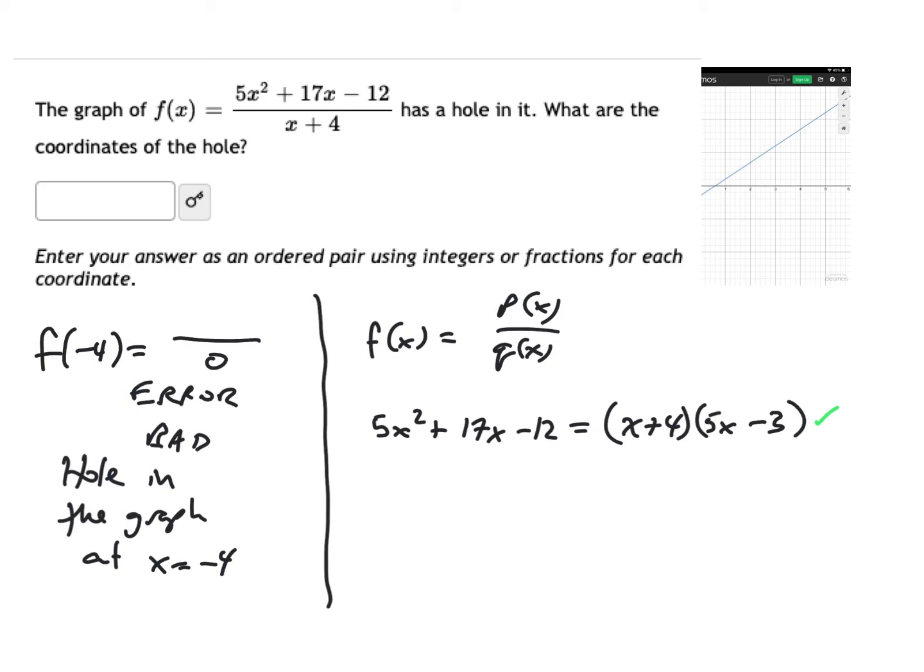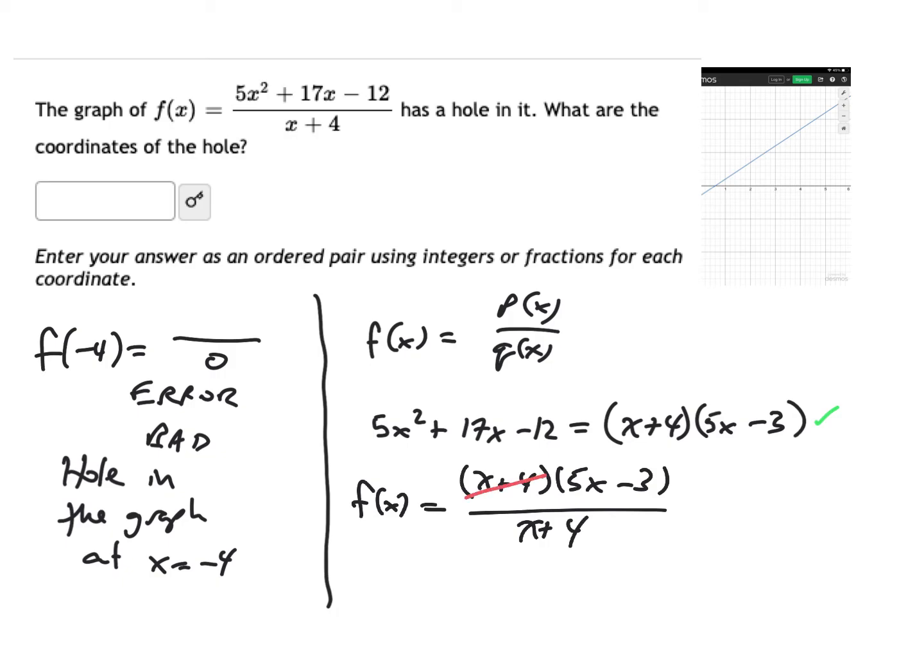And so that means that our f of x could be rewritten this way. And now I'm in a situation where I see a common factor in the numerator and the denominator.